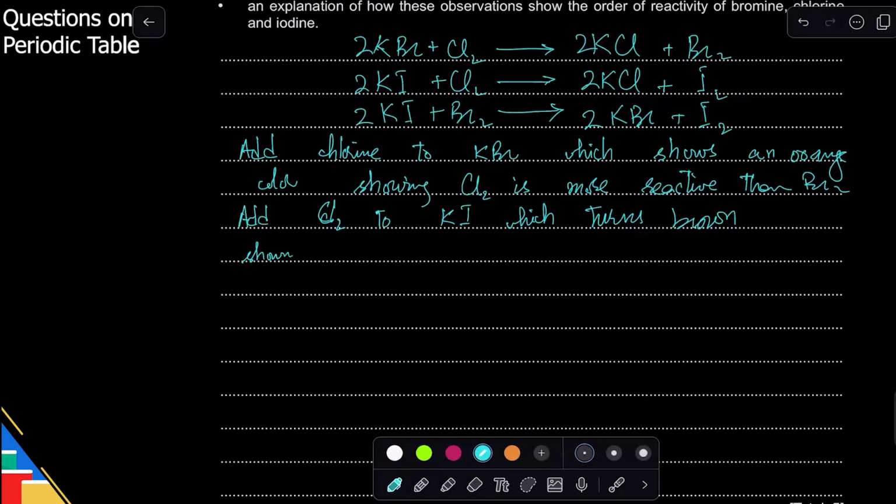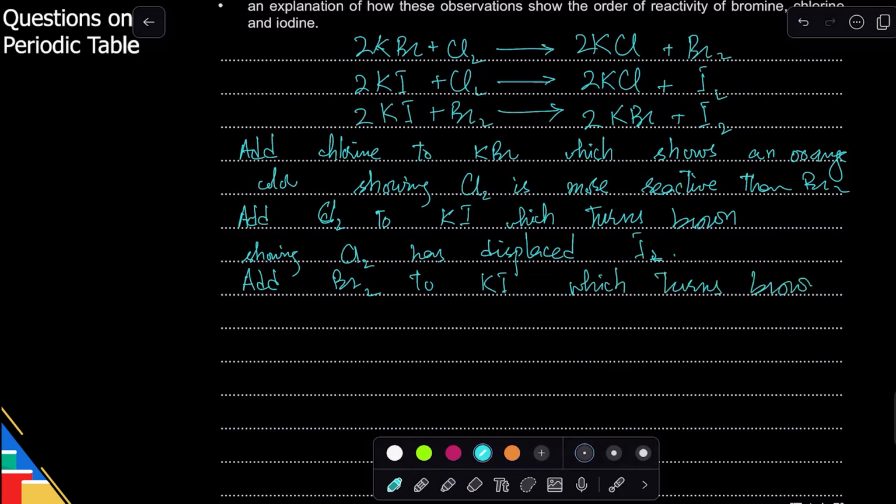Showing chlorine has displaced iodine. And you can do the same thing for the third one, but since we have already shown कि bromine से भी ज़्यादा reactive है वो, इतना फर्क नहीं पड़ता. But you can still add bromine to potassium iodide, which turns brown again, showing bromine is more reactive.